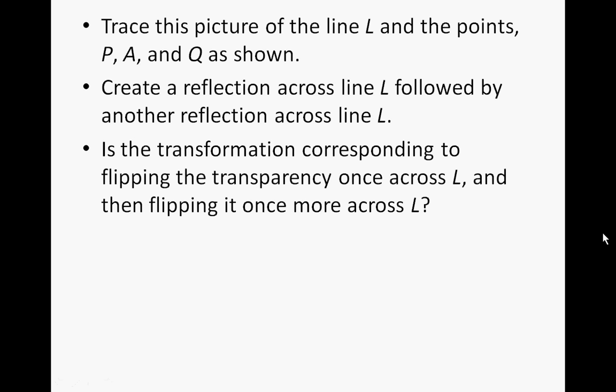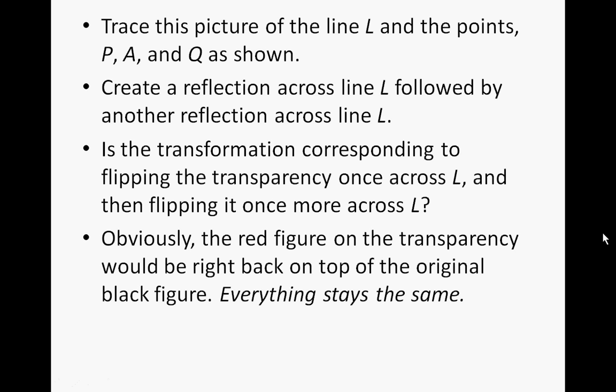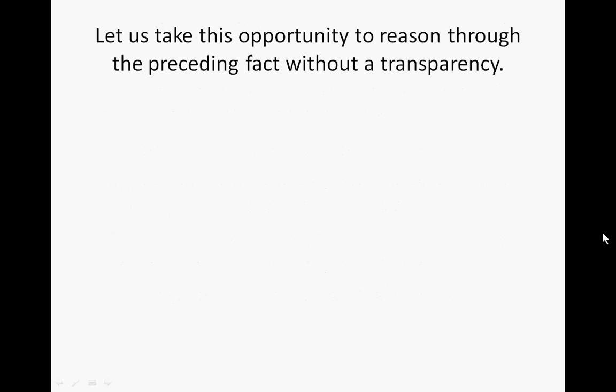Is a transformation corresponding to flipping the transparency once across L and then flipping it once more across L? Obviously the red figure on the transparency would be right back on top of the original black figure. Everything stays the same.